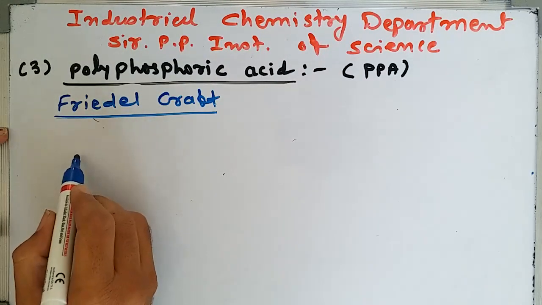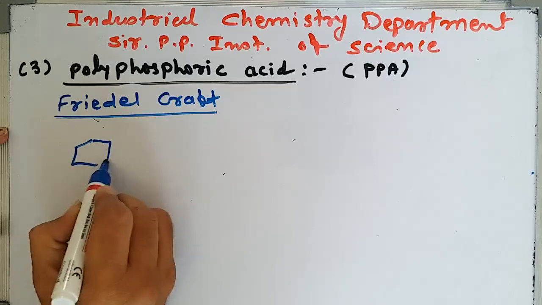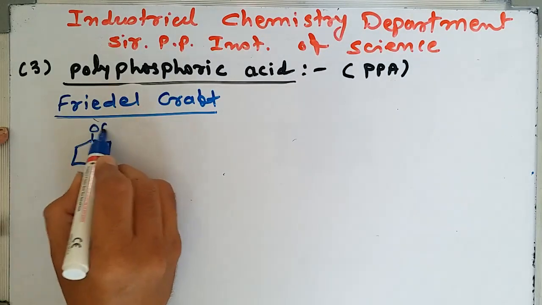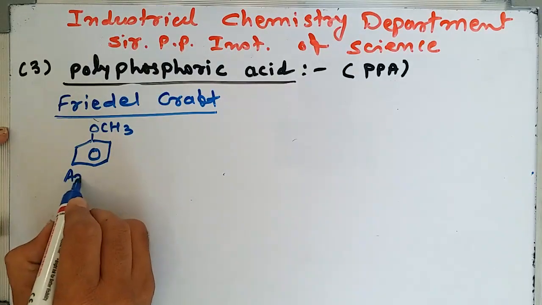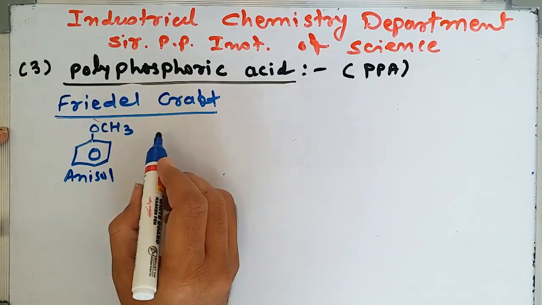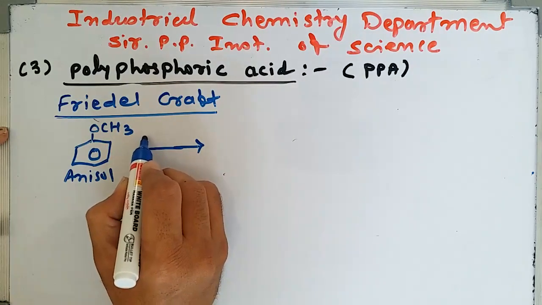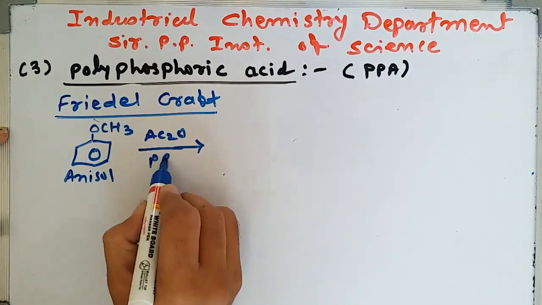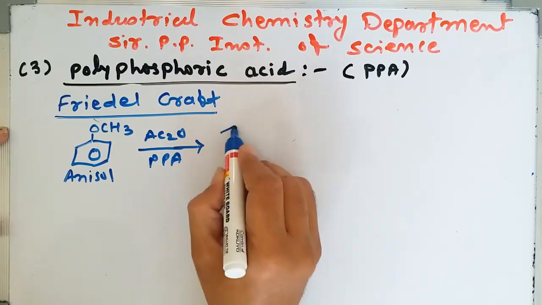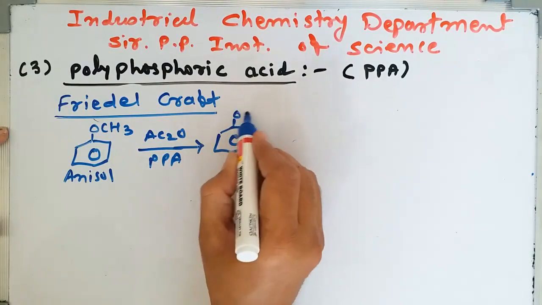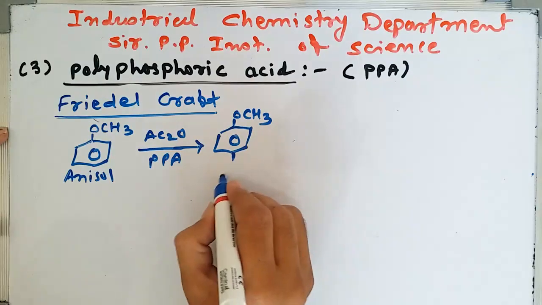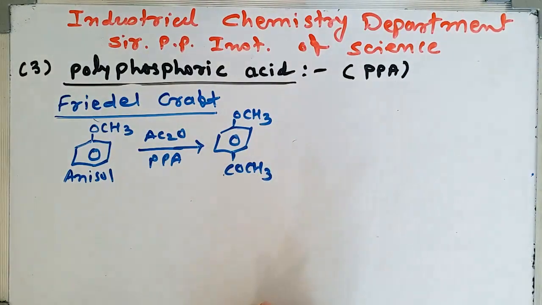So with the help of anisole, OCH3 is anisole, with acetic anhydride and polyphosphoric acid, it is converted into the Friedel-Crafts acylation and alkylation products of their ethers.